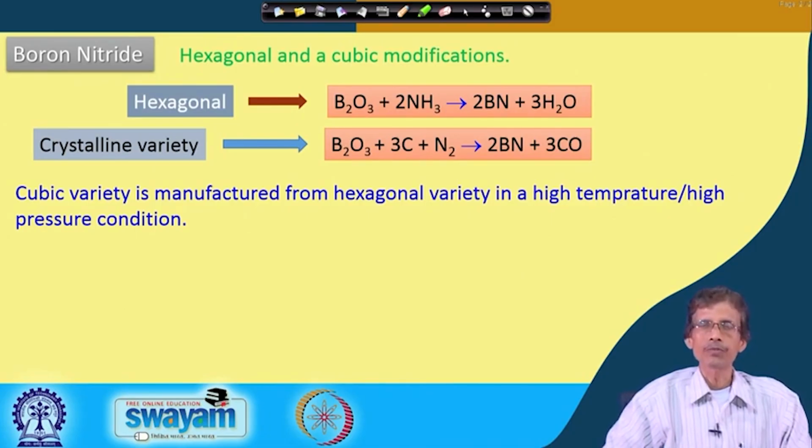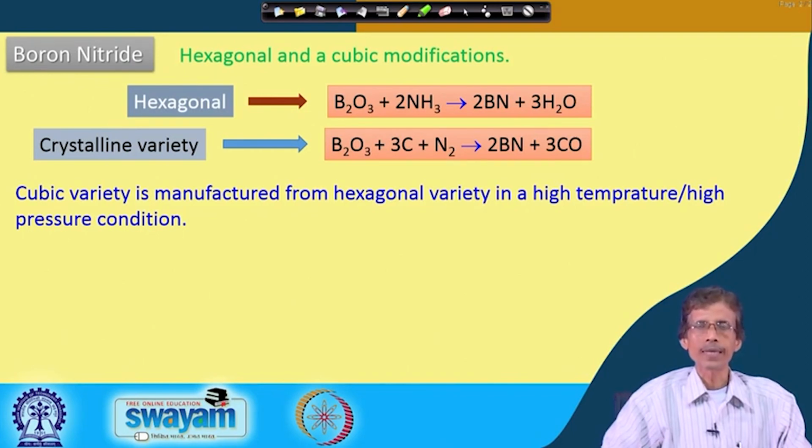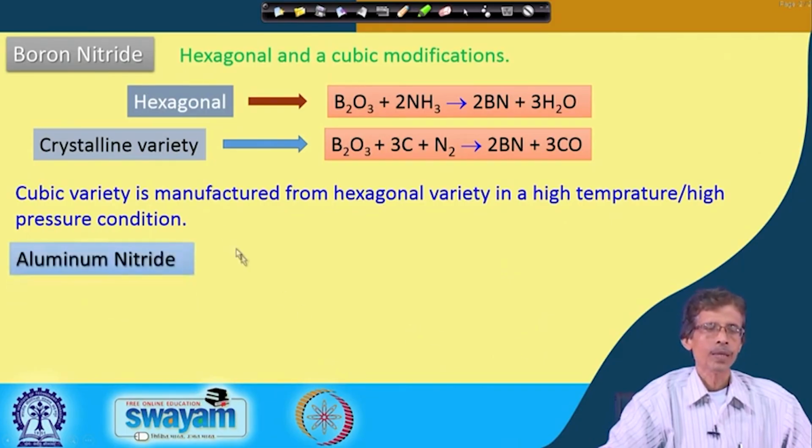If we consider alumina, that means the alpha variety of Al2O3, it can be converted to the beta variety or to the gamma variety by simply changing the temperature or the pressure, because the solid state structure has to be changed, and that structural change can be achieved through the introduction of a higher temperature or a higher pressure in that particular formation.